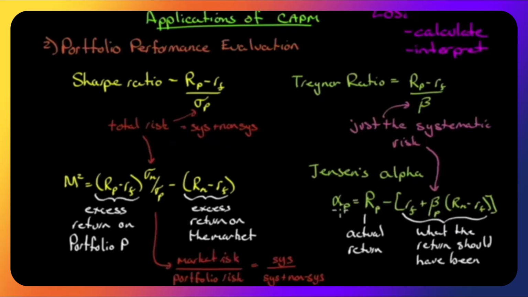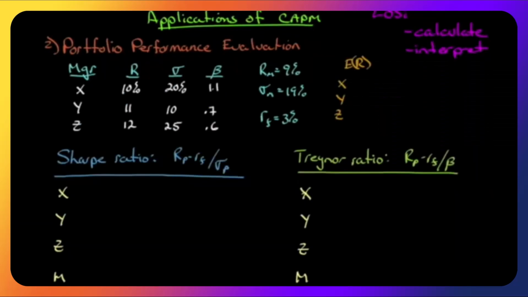So let's go ahead and apply this. This will be a bit of an extended example here. But let's say we have 3 managers, X, Y, Z. We have a very large portfolio, and that very large portfolio has dedicated portions of its portfolio to 3 managers and wants to assess the performance of those 3. Manager X had a return of 10%, standard deviation of 20, beta of 1.1, manager Y stats, manager Z stats.